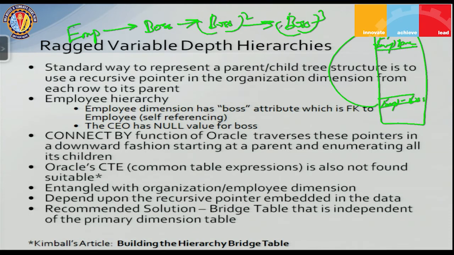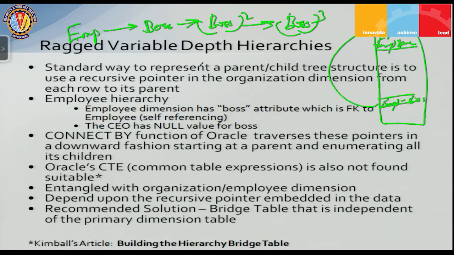That means this employee is directly reporting to boss, who is in turn reporting to boss square, who is in turn reporting to boss cube, and so on. That's why we call it the recursive key, or recursive pointer.